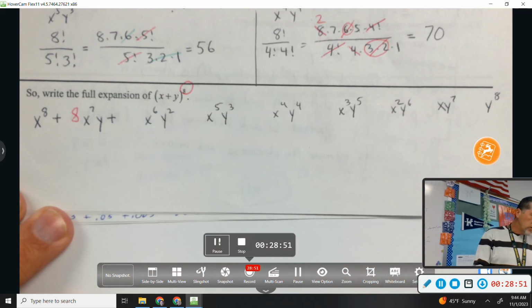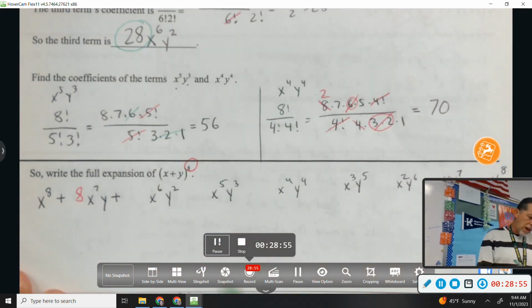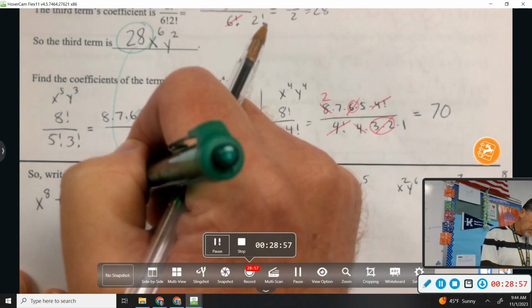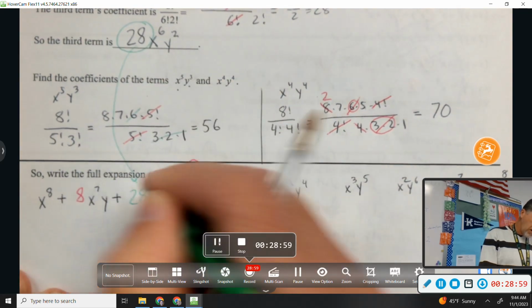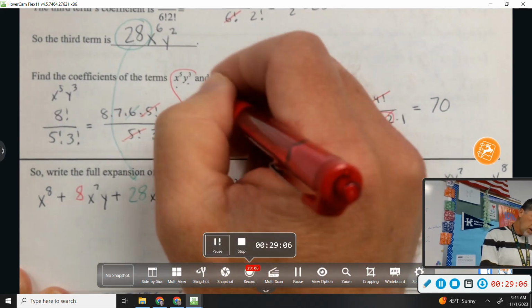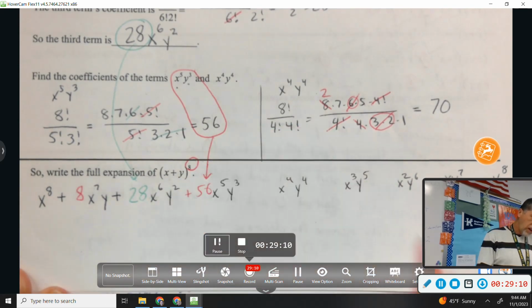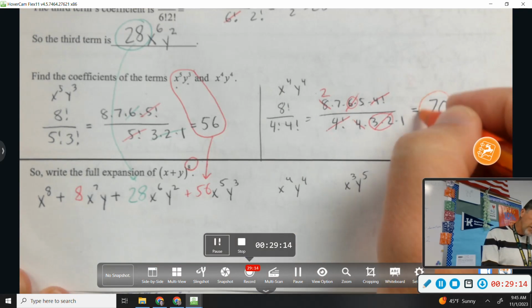We found the third term a minute ago. That was 28. So I can just borrow my 28 and put him right there. We also just did x to the 5th y cubed. That's 56. And we did x to the 4th y to the 4th. That was 70.